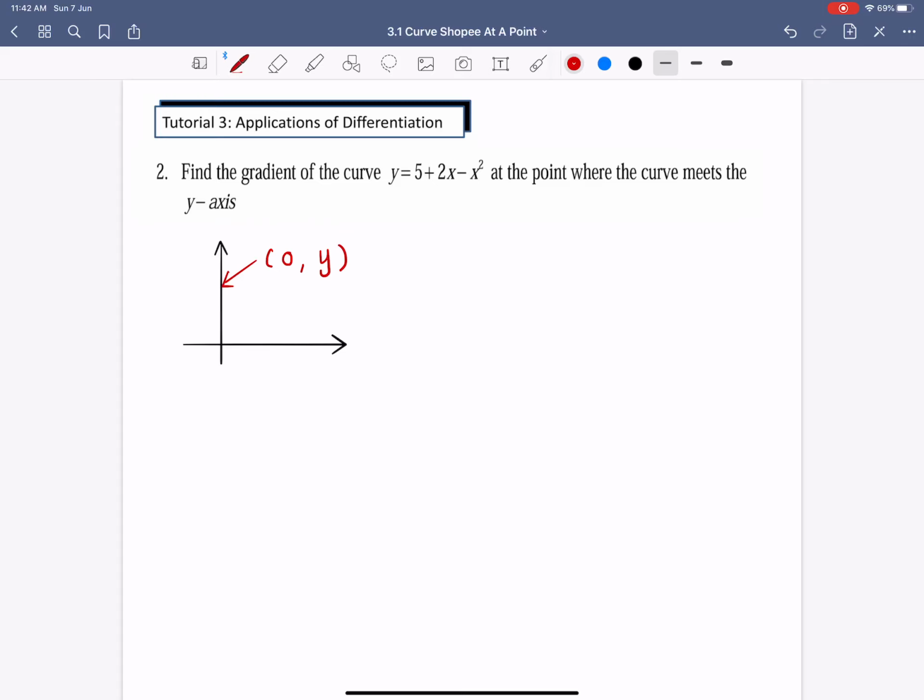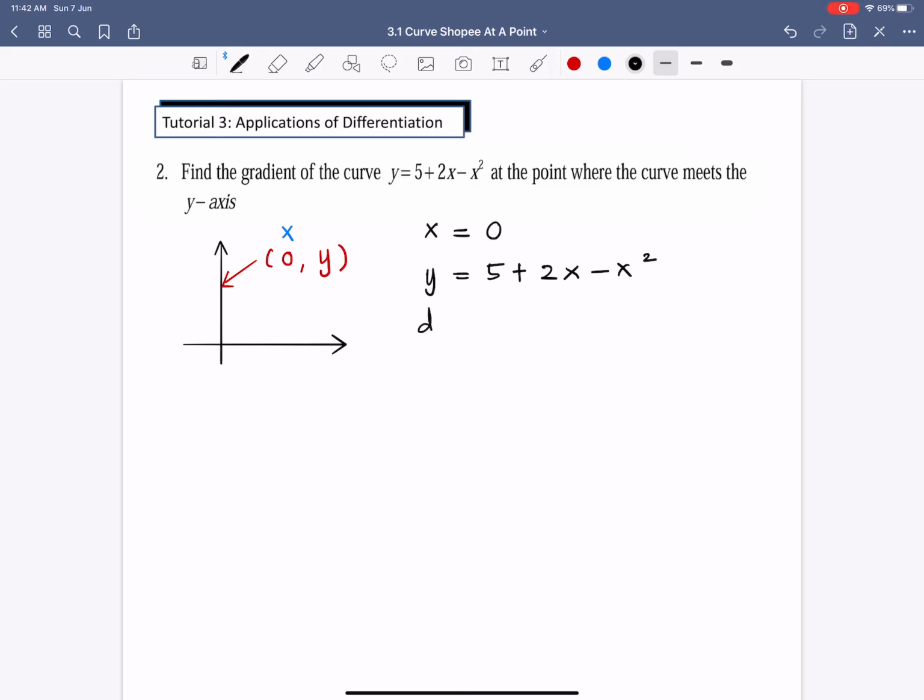So from there, we know that x is equal to 0. And we want to find the gradient of the curve y equals 5 plus 2x minus x squared.